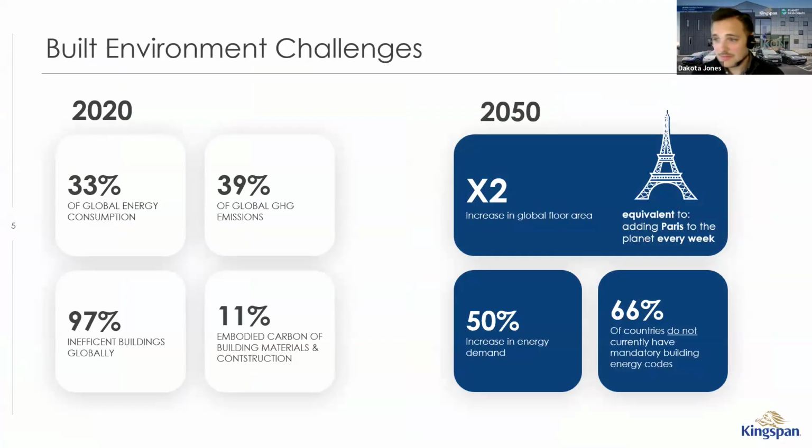Now, despite that number being very high, we also are a contributor of greenhouse gas emissions. About 40% of all greenhouse gas emissions are directly produced by us, the manufacturers, the built environment, unfortunately. And despite these numbers being so high, only about 3% of our current building stock is considered efficient by today's standard. A whopping 97% inefficient by today's standards globally.